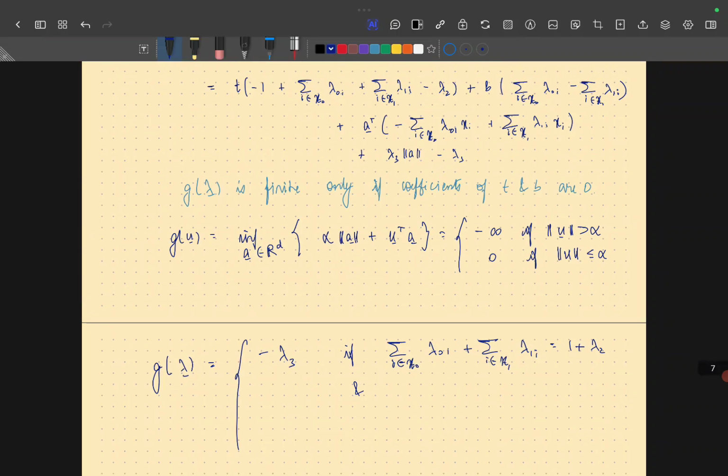And this quantity has to be equal to 0, which means that the summation over all i in x0 of lambda 0 i should be equal to the summation over all i in x1 of lambda 1 i.